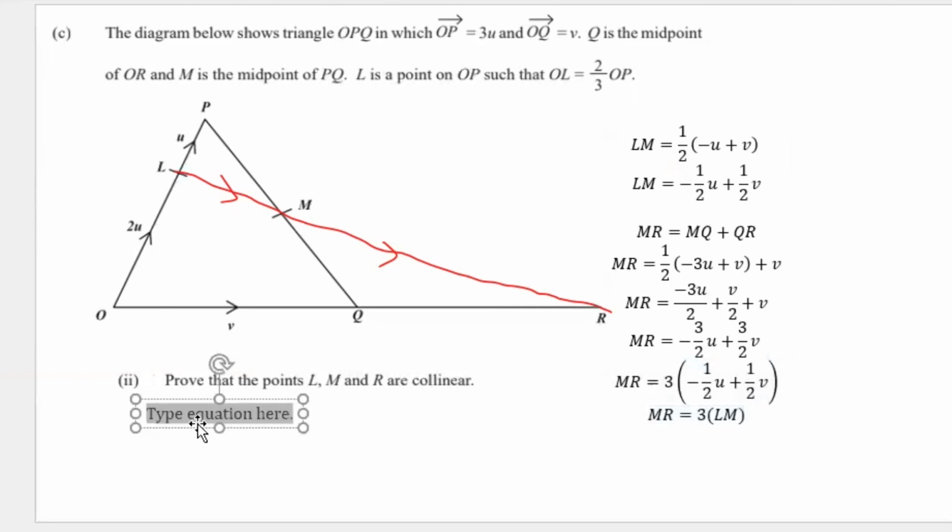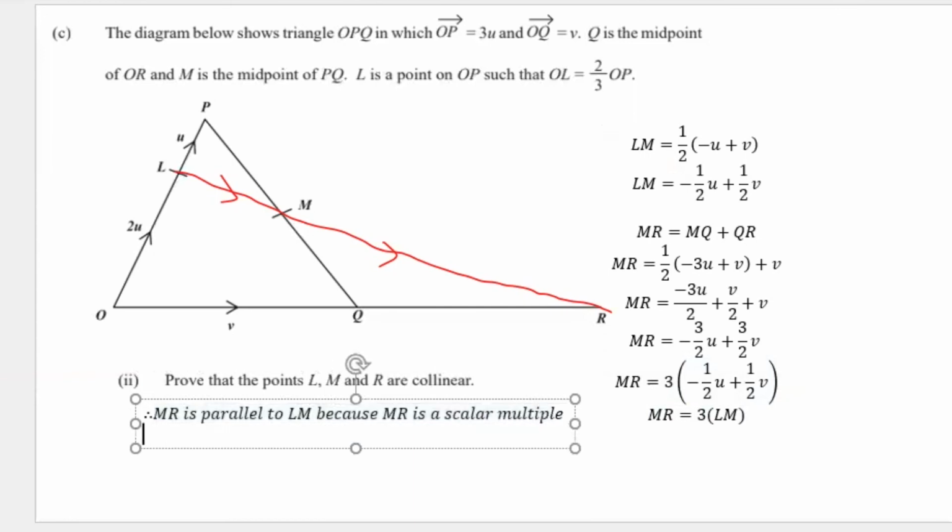So we can say, therefore, MR is parallel to LM because MR is a scalar multiple of LM. All that happened is just that MR is 3 times the length of LM.